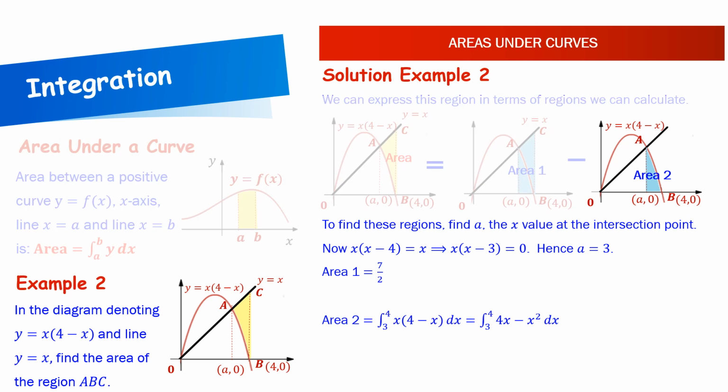Now let's find the second area. We're integrating from 3 to 4, x times 4 minus x dx, which is of course equal to the integral from 3 to 4 of 4x minus x squared dx.